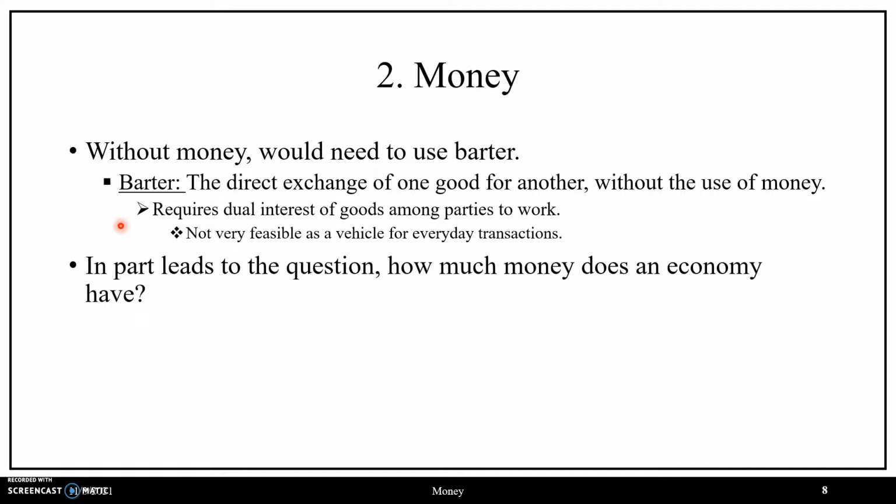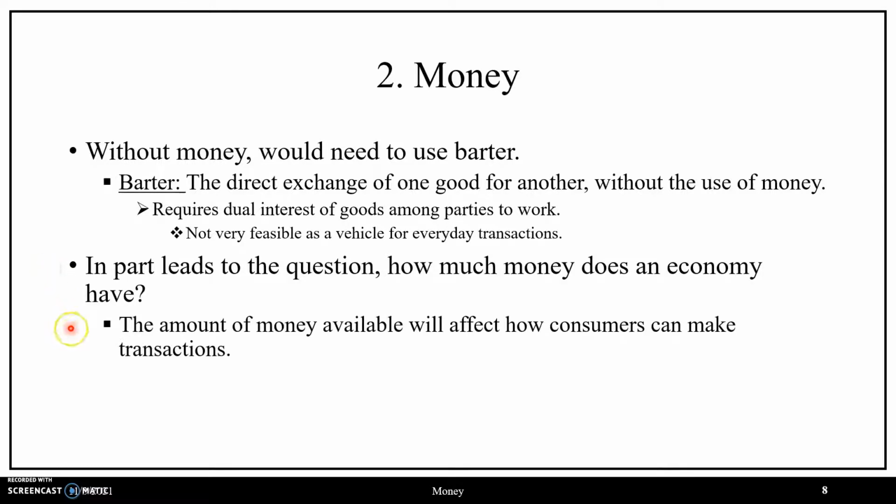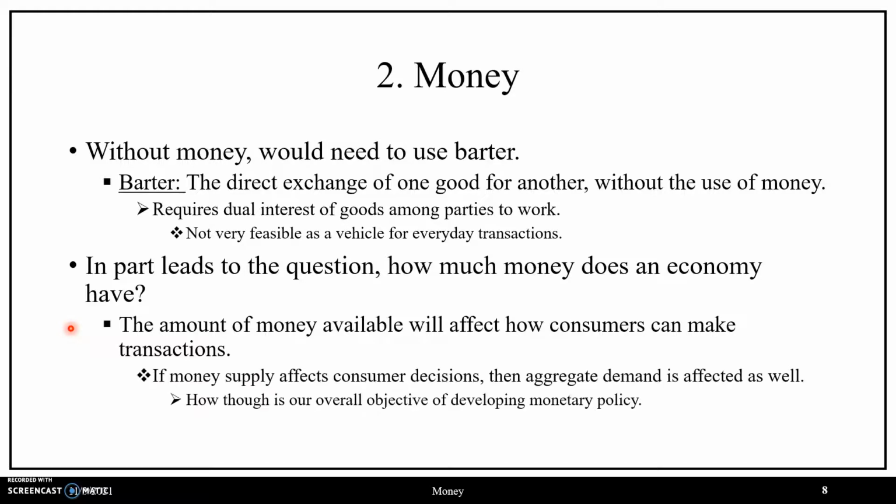This then in part leads us to the question of how much money the economy has overall, given that the amount of money available will affect how consumers can make transactions, and partially to wanting to avoid barter overall.